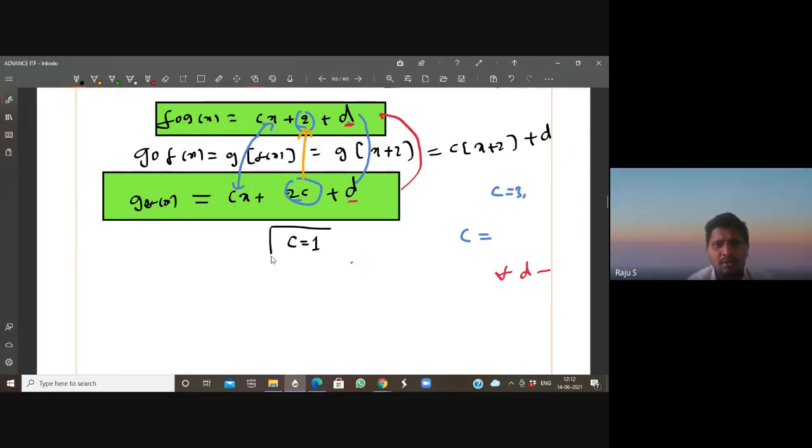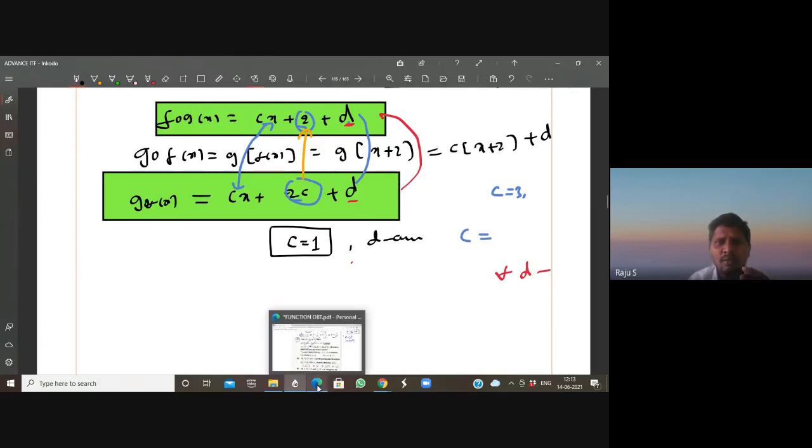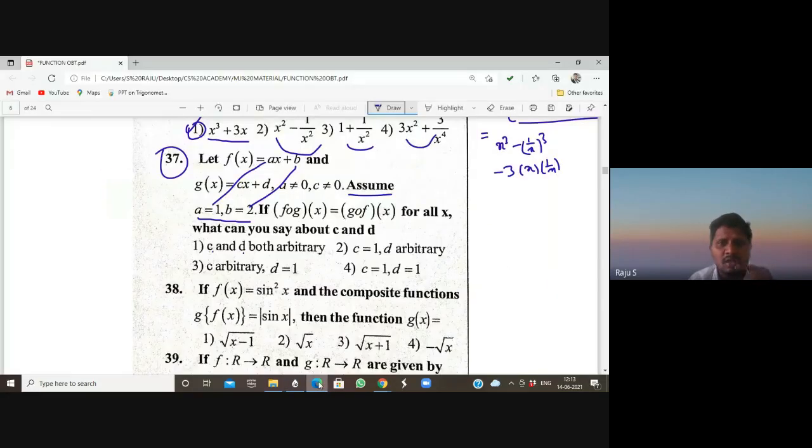Then why are you responding so late? I'm asking everyone. It is not difficult, whether you are concentrating or not. C is equal to 1. D is any value; for any value of D, D equals D. So only when C is equal to 1, 2 is equal to 2 and both the equations become true. The second option is correct.